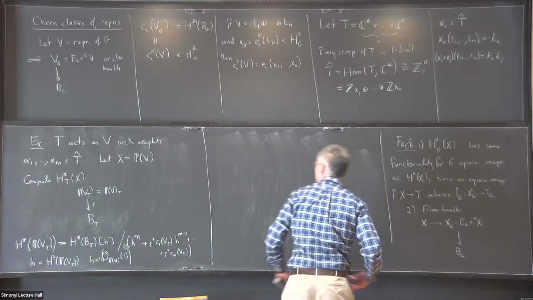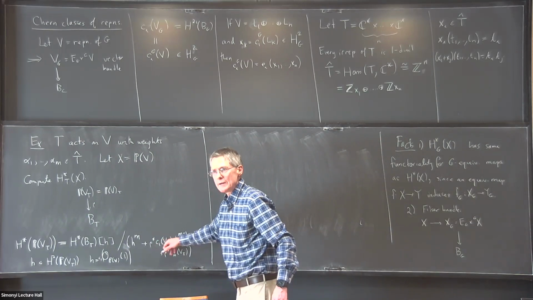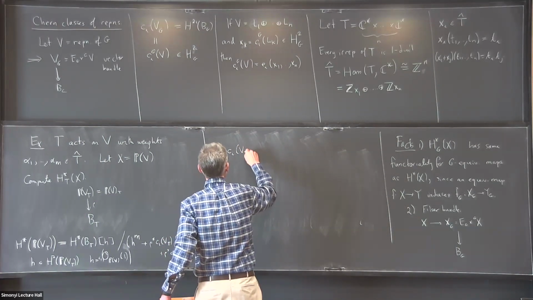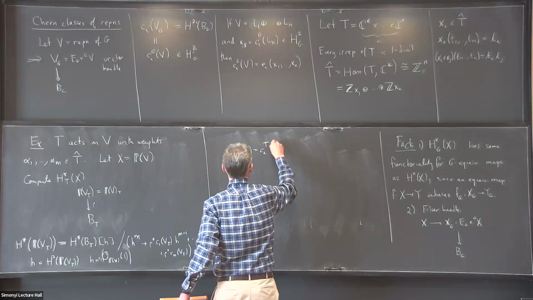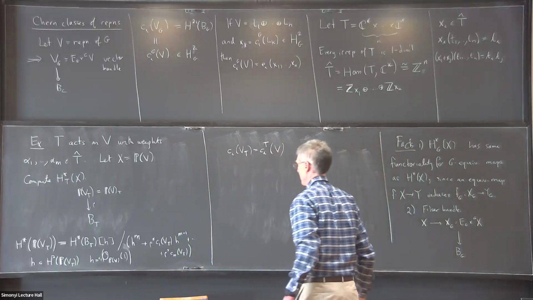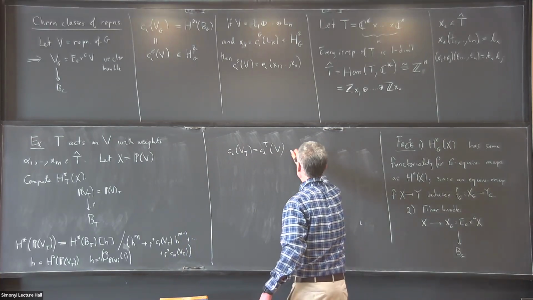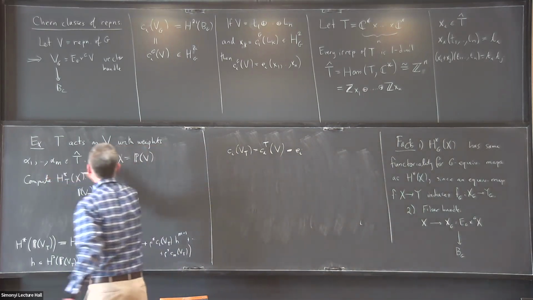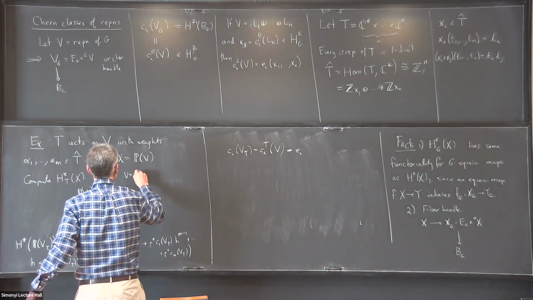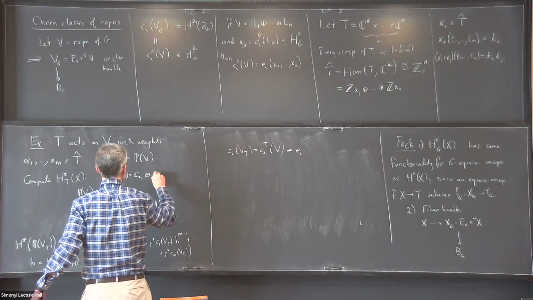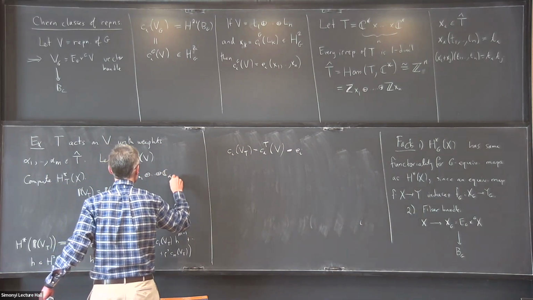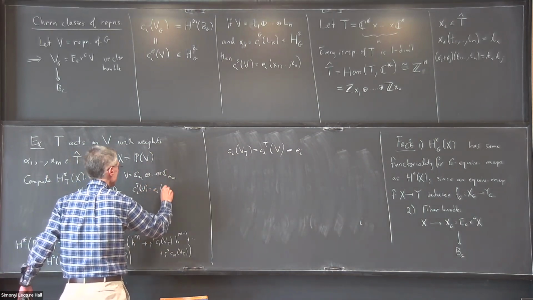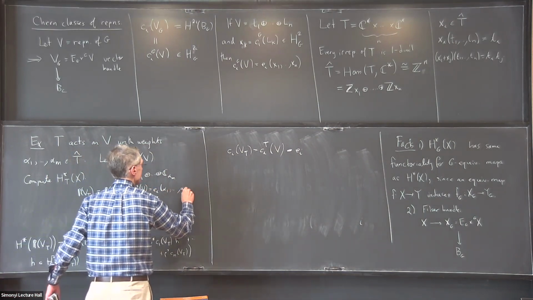Now, the thing is that these classes here are from my module structure. So each Ci of VT is Ci T of V, and this is the ith elementary symmetric function. Well, this splits up, V is equal to C of alpha 1 plus up to C of alpha m. So Ci T of V is the ith elementary symmetric polynomial in alpha 1 up to alpha m.